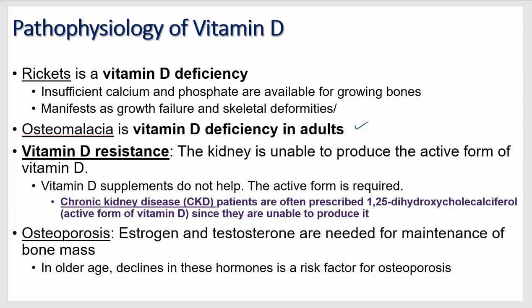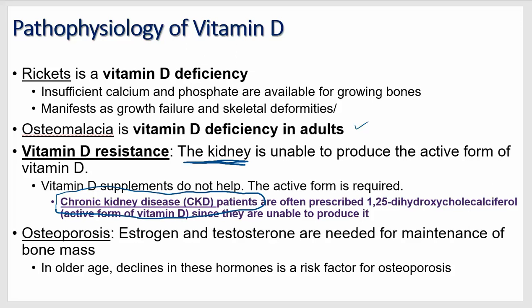So vitamin D resistance: the kidney is unable to produce the active form of vitamin D. This one, I think, warrants some attention, the kidney. This is something that happens with chronic kidney disease patients, okay, which you'll see.